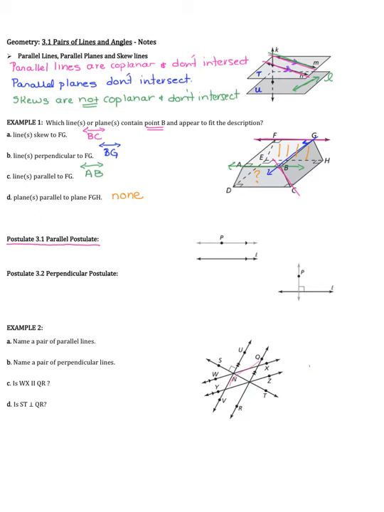So this first postulate says that if I have a point P and I have a line, so point P is not on that line, it's asking how many parallel lines could pass through P and be parallel to L. And the answer is 1. There is exactly one line that can pass through P that is parallel to line L.